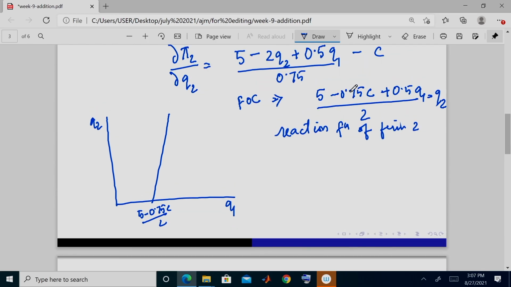And for this one, if Q1 takes a value 0, it will be somewhere here, and the slope is going to be less than this slope. So, this point is 50 minus, and this is the Cournot outcome.